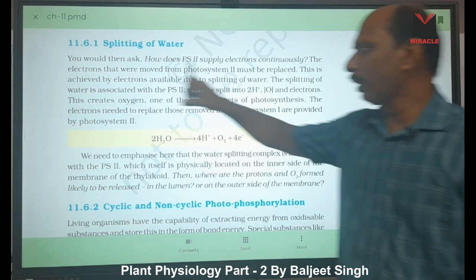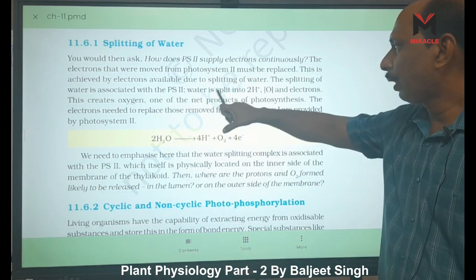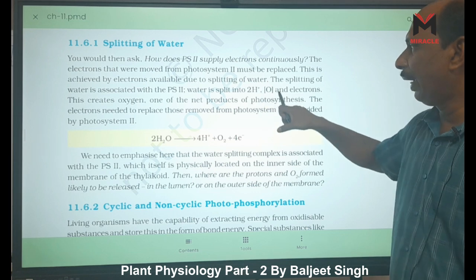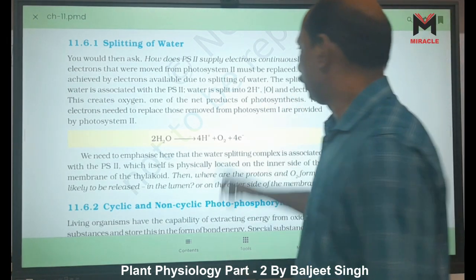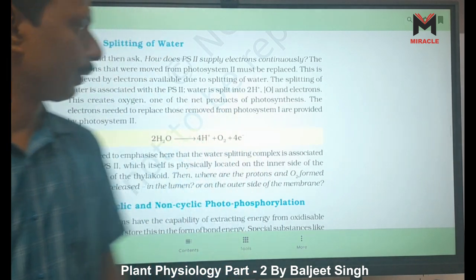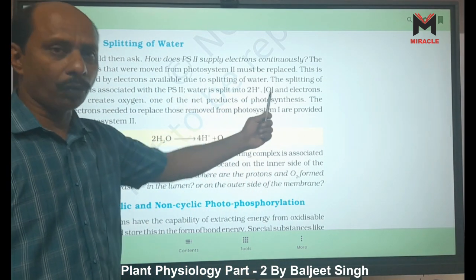The splitting of water is associated with PS second only. Water is split into 2H plus, oxygen and electrons, right? This oxygen is nascent oxygen, right? This creates oxygen, one of the net products of photosynthesis.